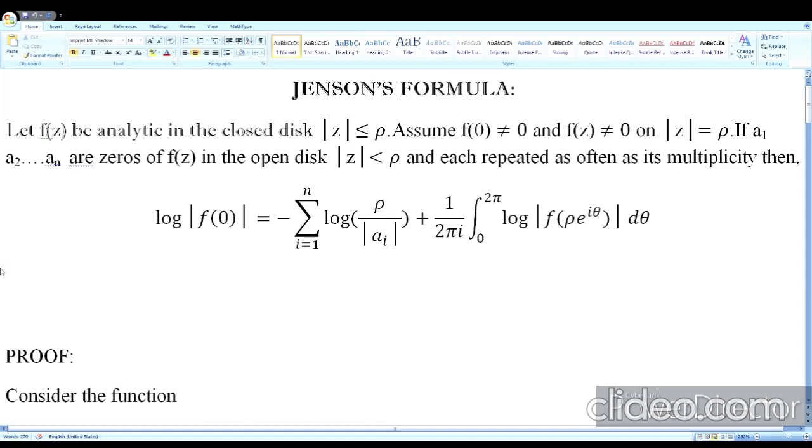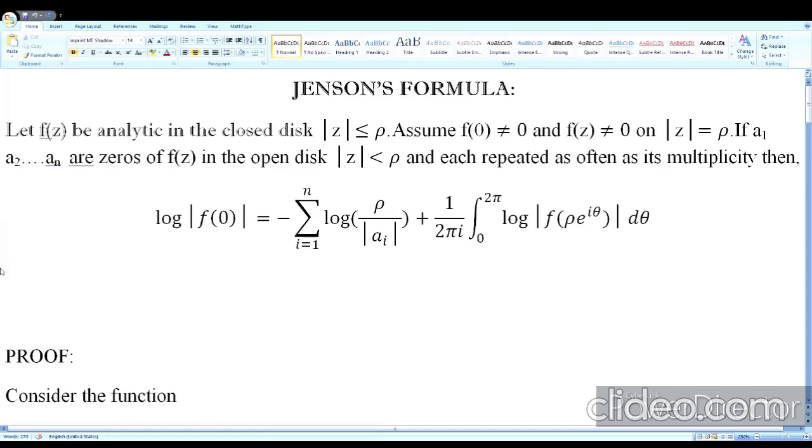That is, given f(z) is analytic in the closed disk and 0 is not a zero of f(z), and f(z) has no zeros on the boundary, that is f(z) ≠ 0 on |z| = ρ. And there are n zeros a1, a2, ..., an in the open disk, that is interior to the circle |z| = ρ.